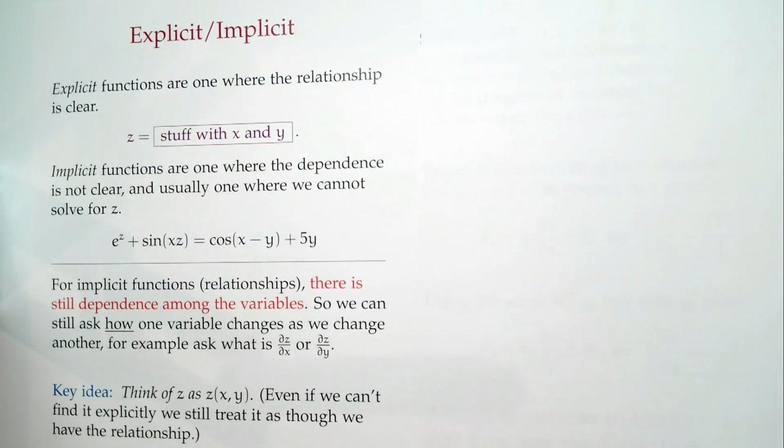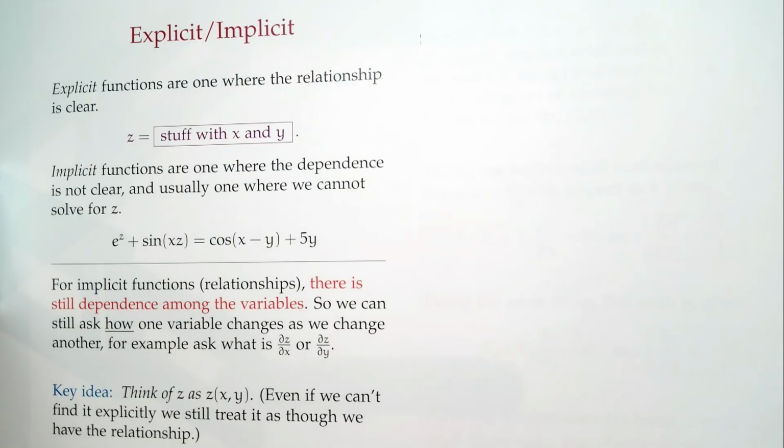Now, okay, you can't solve for z in a nice way. Does that mean you can't say anything? Well, no. An implicit relationship says, look, there is a relationship. If you tell me something about x and y, it does give me information about z. So there's a dependence.